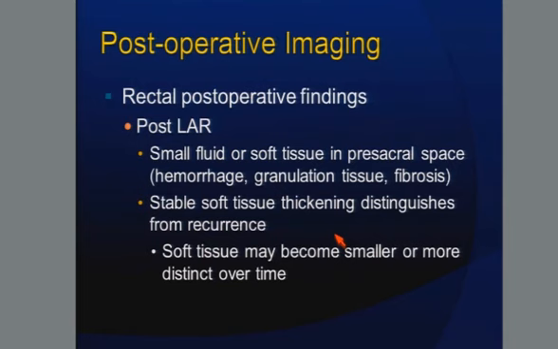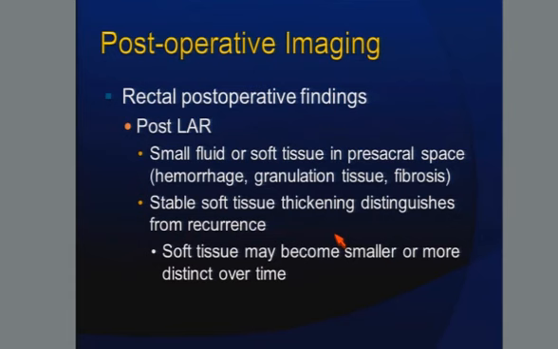In the pelvis, the imaging characteristics of a post-op pelvis are pretty traditional. Again, you're going to see a small amount of fluid or soft tissue in the presacral space. And the soft tissue is a combination of a lot of things. So number one, if these patients are going to get neoadjuvant chemotherapy or radiation therapy prior to their resection, they may have a bit of fibrosis down there, and that's going to add to some of that soft tissue in the presacral space.